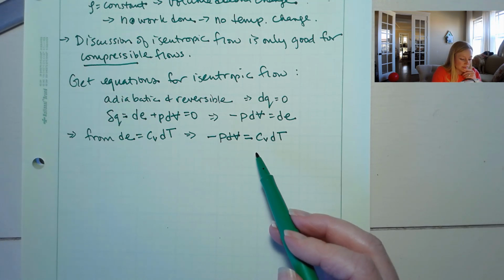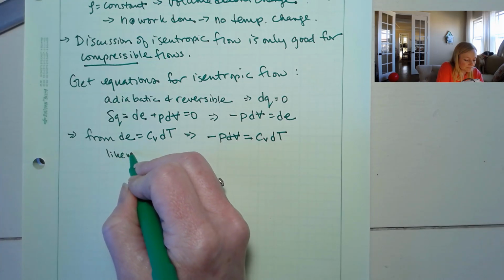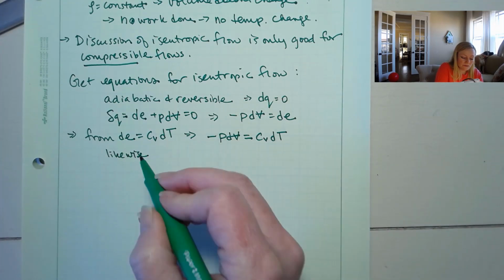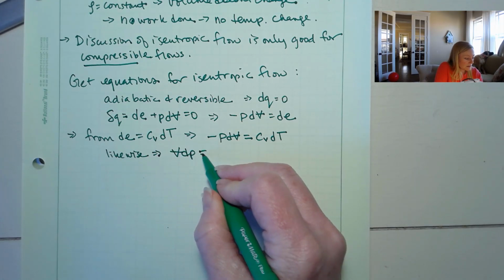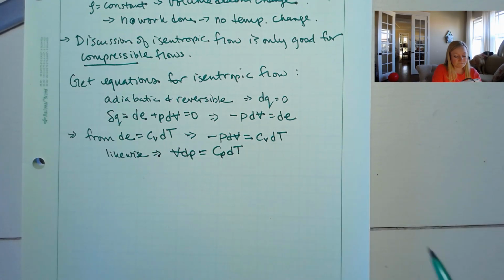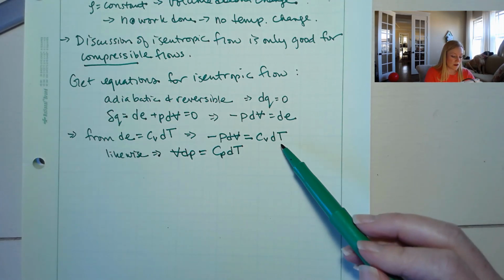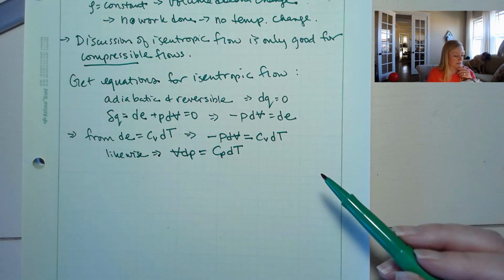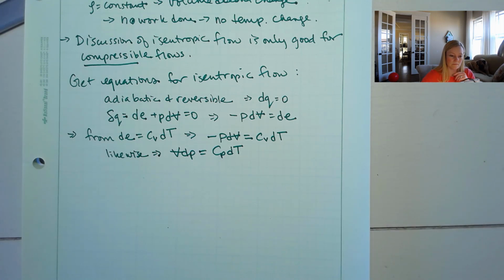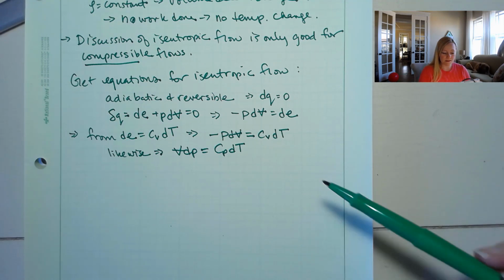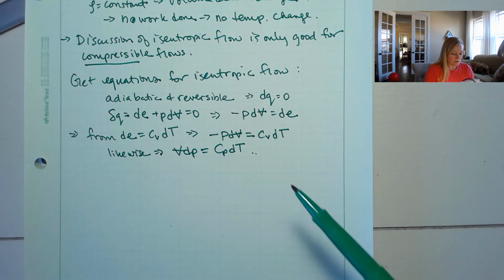Okay, so likewise, there was another equation where we had specific heat at constant pressure. If you do the same thing, you'll get the volume times dP equals Cp dT. So those are the two equations you get from the specific heat equations that we looked at. Now that we've got these two equations, we're going to put it all together. We're going to get a ratio.